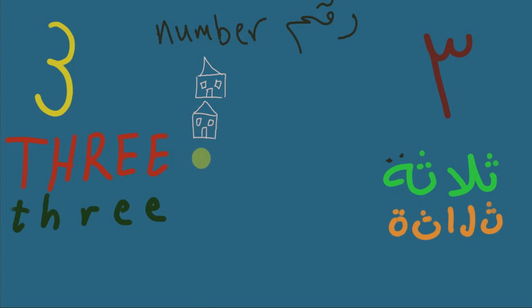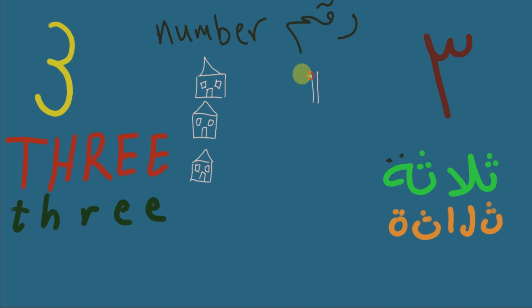That's the third house. So we have 3 houses now. 1 house, 2 houses, 3 houses.